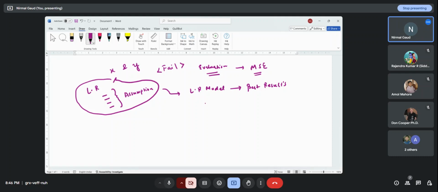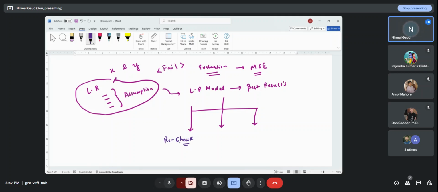So there are three options available to us, according to my analysis. Either you recheck your data analysis, the entire analysis, to see whether you made any mistake or everything is correct.